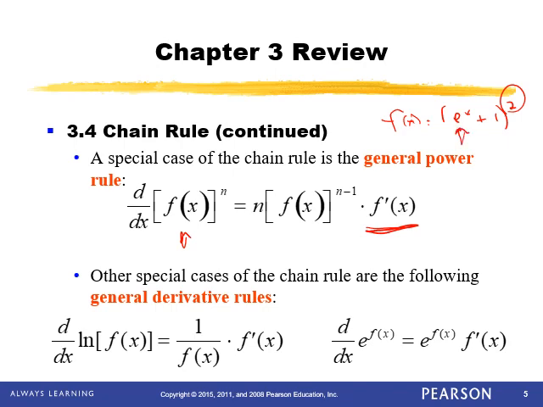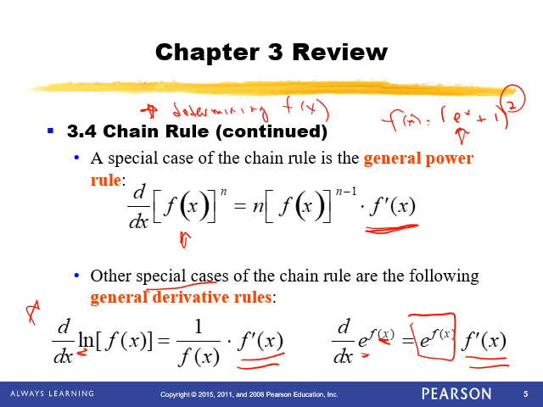Okay, there are some other special cases, right? Here is a special case, the derivative of a function within a natural log and a function within the base e, right? So notice it's base e, everything stays the same, but again, times the derivative of whatever we consider to be f of x. So the key part in the chain rule is determining f of x.